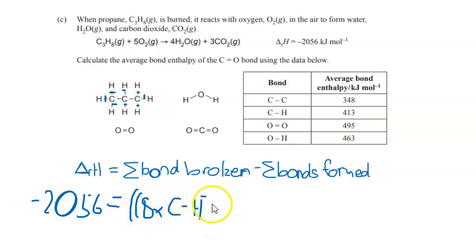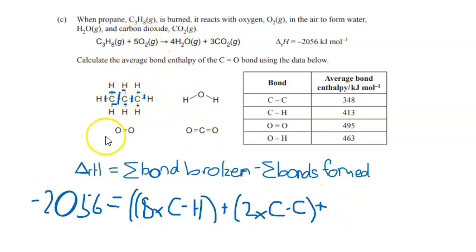Plus there are also 2 carbon to carbon bonds, 1, 2, so plus 2 times carbon to carbon. Plus, these are all the bonds that are being broken, we're counting them all up, plus 5 O2. So we're going to have 5 times the oxygen to oxygen double bond.